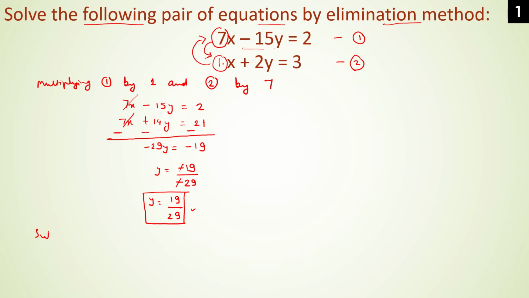So substituting the value of y into the second, we get x plus 2 times 19 by 29 equals 3, and here we will get x plus 38 by 29 equals 3.